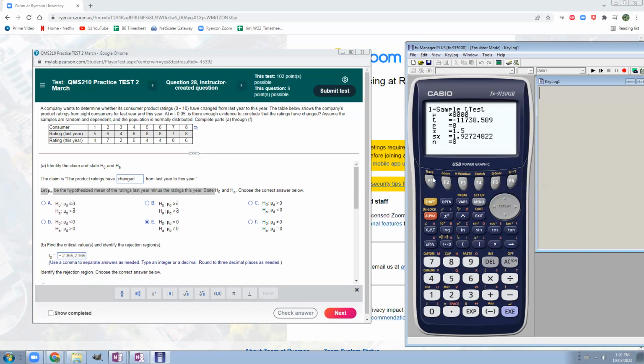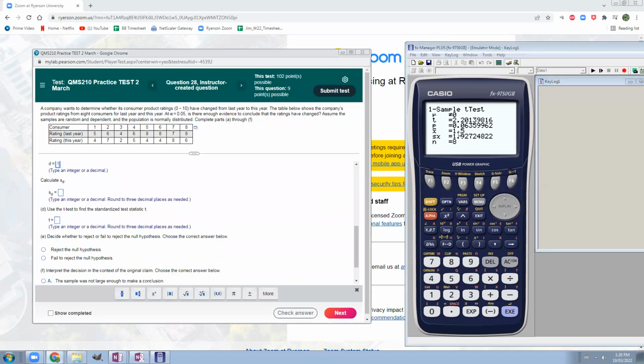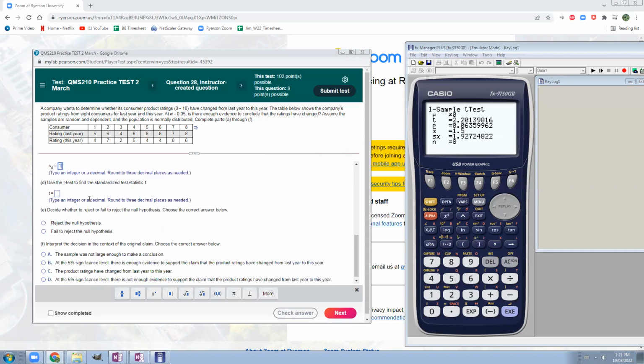So not equal to 0, from list 3. We run that and we get everything we need here, right? The sample mean, the D bar is the X bar, that's 1.5. The SD is the Sx, that's 1.927. The test statistic T is 2.201.